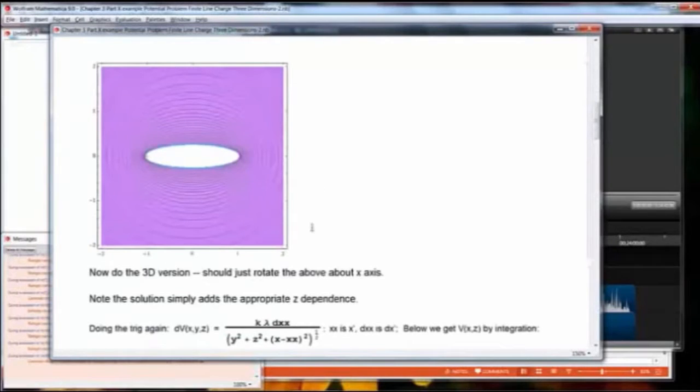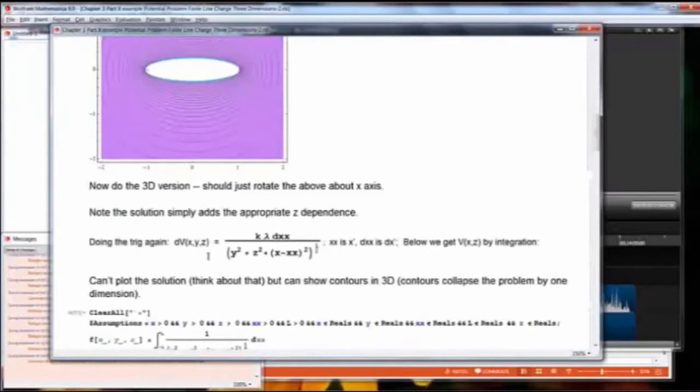We can extend this easily to 3 dimensions. To do that, you can take these plots here and rotate them about the x-axis. You would then generate the surfaces of constant potential. We can plot that. We'll take a look at it. We have to get the potential, and for 3 dimensions, so we add a z direction here in the plot, which is into the paper here.